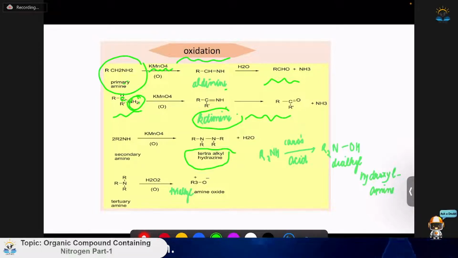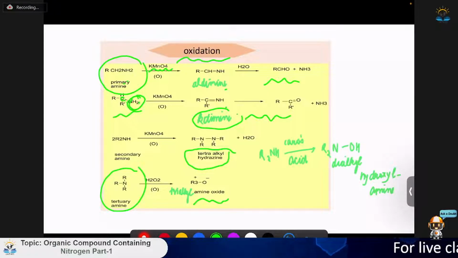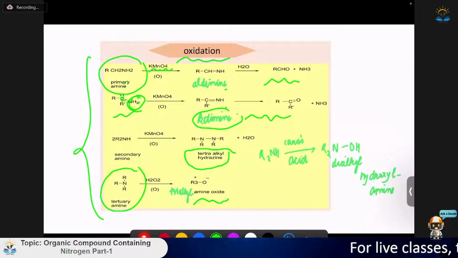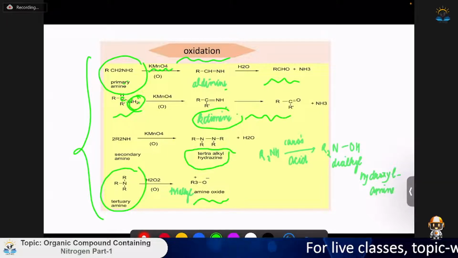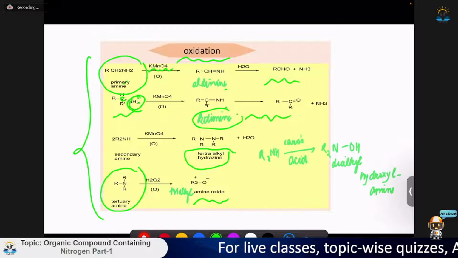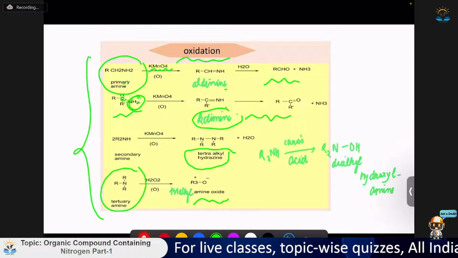And in case of tertiary amines, we treat it with H2O2 to form trialkyl amine oxide. So these three things we have to remember: oxidation of primary amines, secondary amines, and tertiary amines. And also, this is a secondary amine.